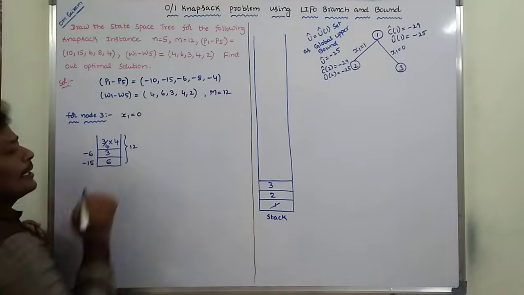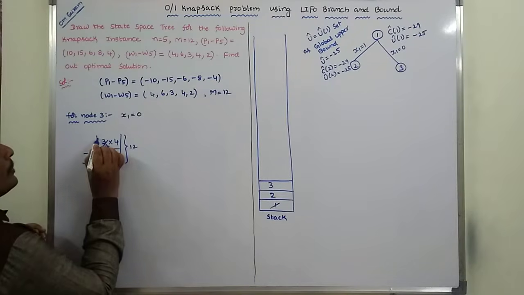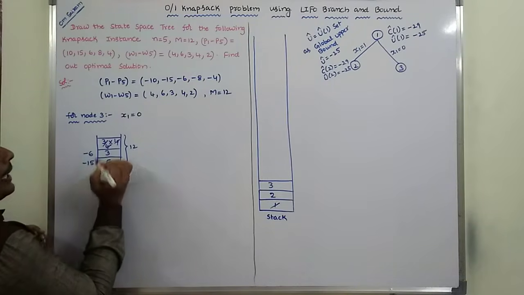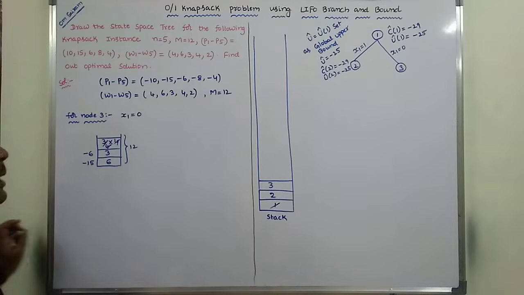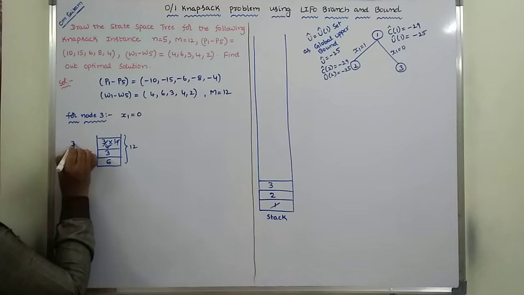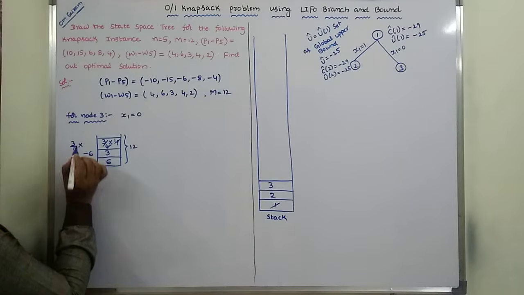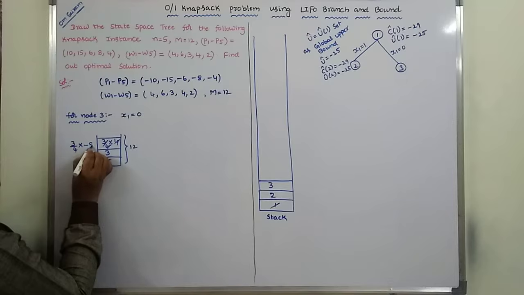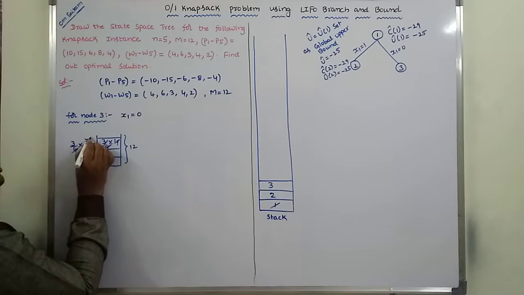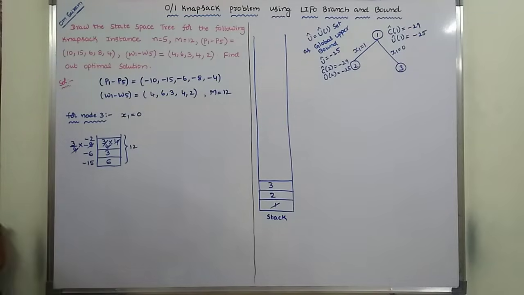Okay, 4 cancels. So 6 plus 3 plus 3, that is 12, equal to the capacity of the knapsack. So 3 by 4th of the fourth object. The fourth object profit is minus 8. So therefore, 4 goes minus 2 times, and we get minus 8.